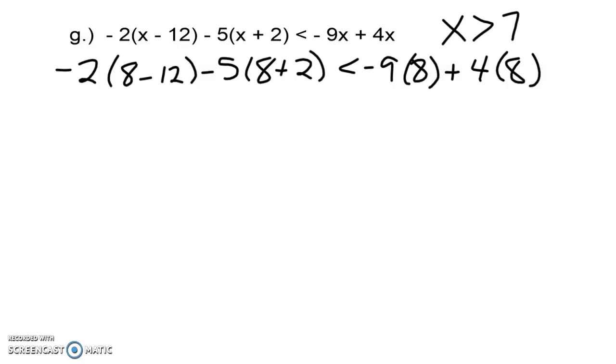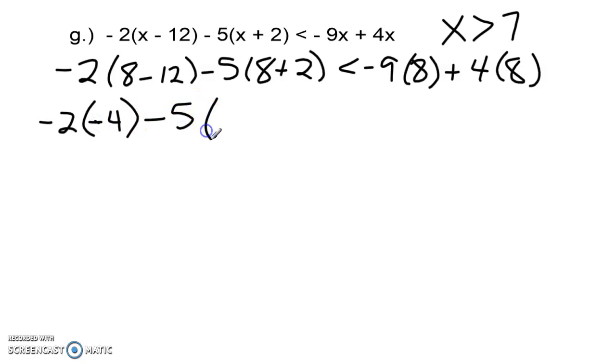So we chose 8, a number that's greater than 7, to plug it in. So I'm going to do order of operations. So parentheses first. I need to simplify what's inside my parentheses. So I'm going to do subtraction. 8 minus 2, 8 plus 2. Okay. So on the left I have negative 2 times 8 minus 12 is a negative 4.